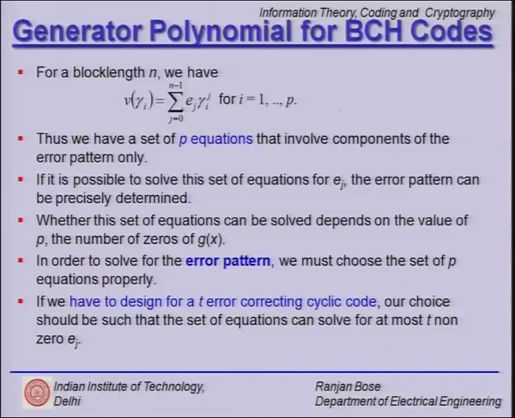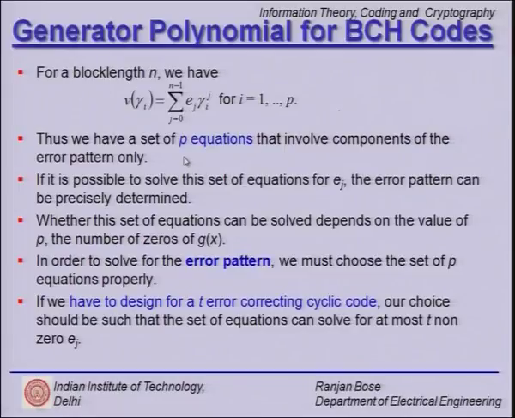So, now we have a block length n, and we have got new gamma i, which is the polynomial representation e j gamma i j. So, eventually we have a set of p equations that involve components of the error patterns only, which is the syndrome.